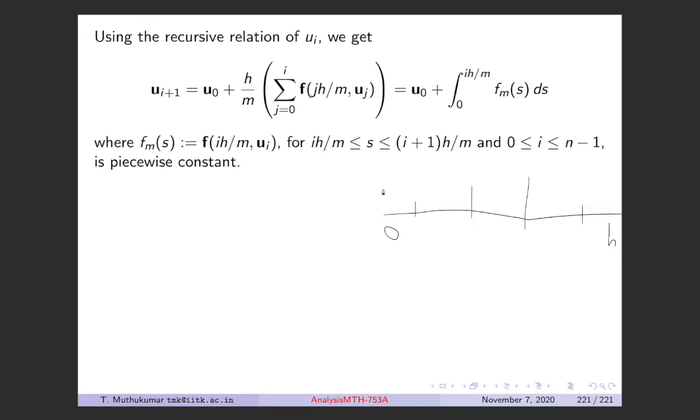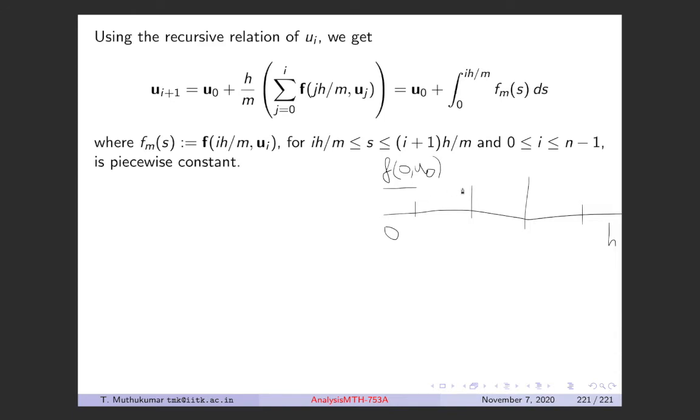So in this interval, you have the constant function f(0, u_0).